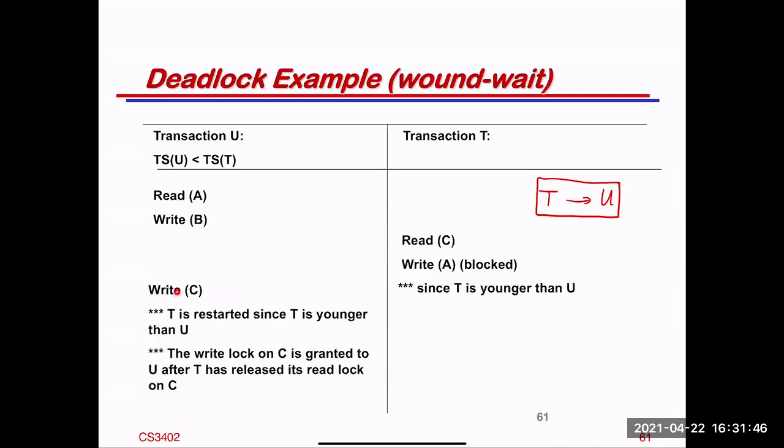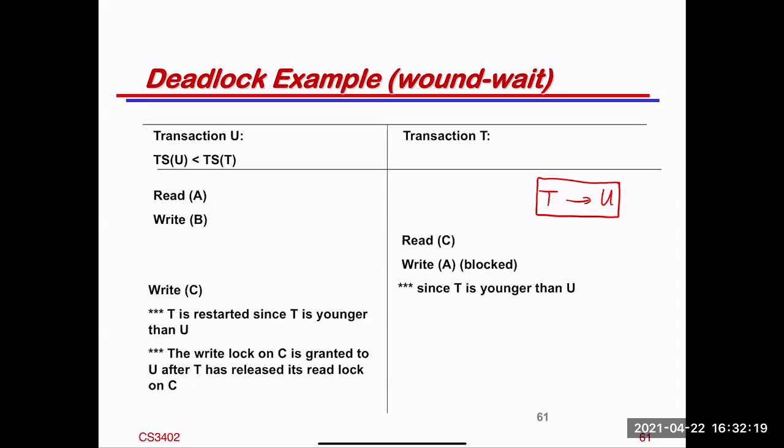And then later on, as transaction U is trying to execute this write of C here, it needs to acquire a write lock for C. So now again, we are going to apply the wound wait rule, right? Because now we're trying to add an edge from U to T in our wait for graph. And what is going to happen here is that transaction T, which is currently running, is going to be restarted.